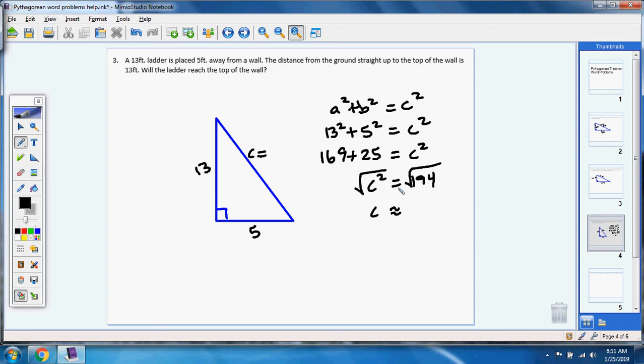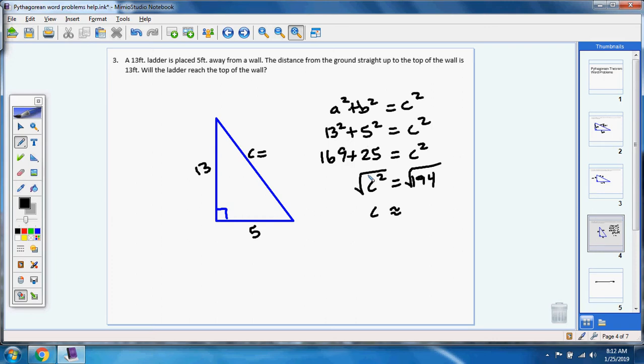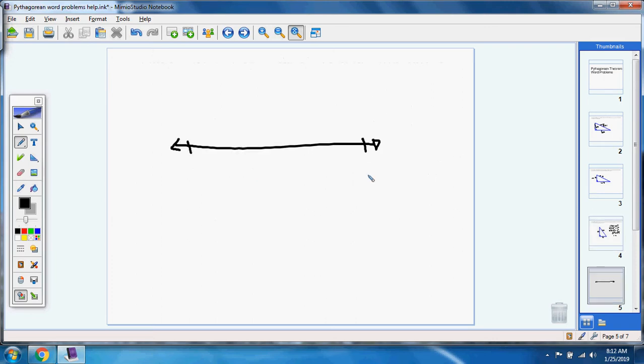So which means we're going to go ahead and practice our number line skill again. My original is the square root of 194. But you know what? I don't have to do the whole thing because I know the bigger one is going to be the square root of 196, which is really a 14.